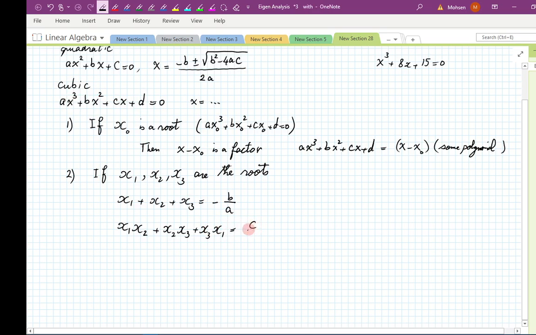This one is positive, let's emphasize that. And in our case, x1, x2, x3, the product of three of them is going to be minus d over a.